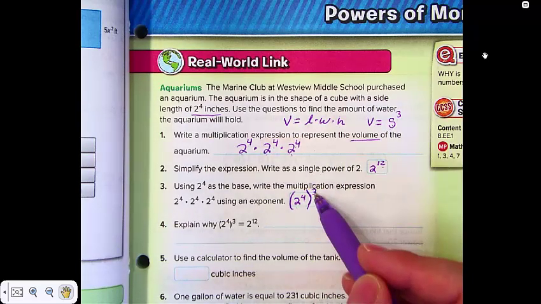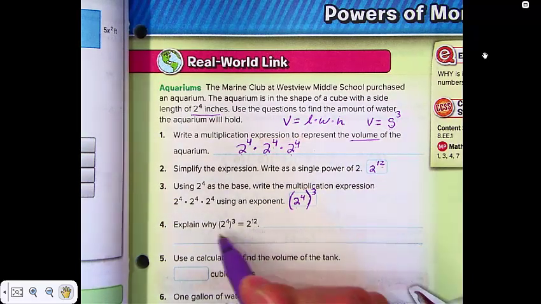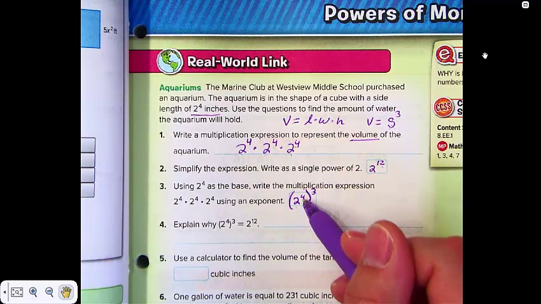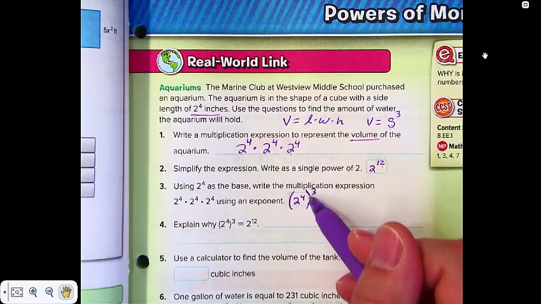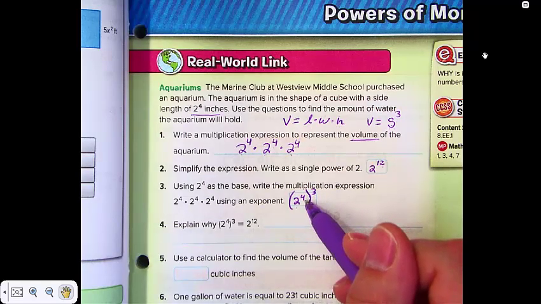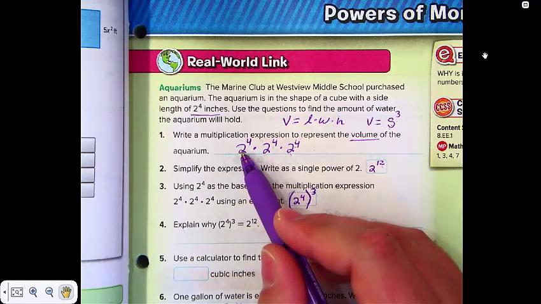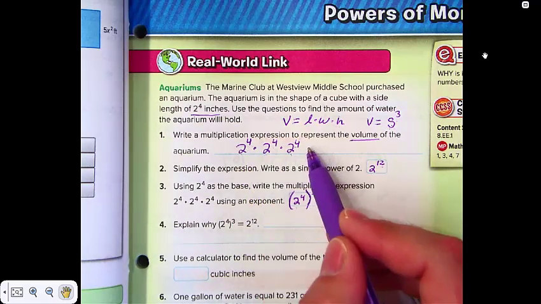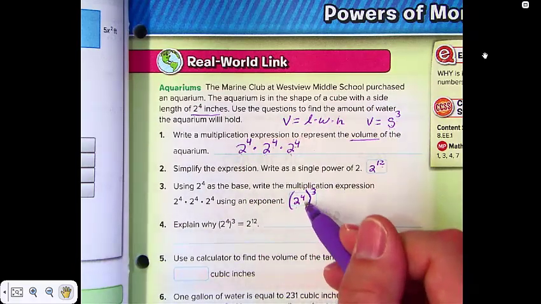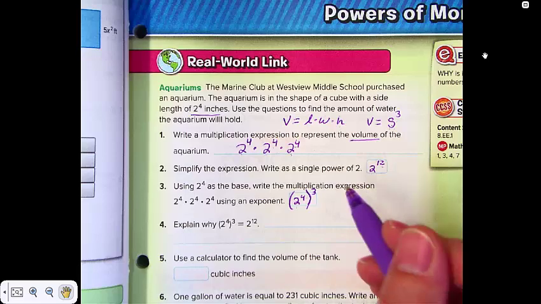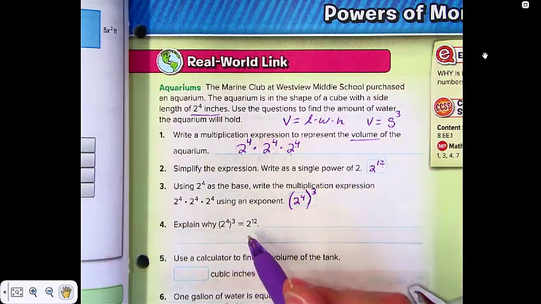These are the same because in this scenario, if you have a power raised to another power, you end up multiplying those numbers together. Okay, notice there's no base in between these. If you have bases in between, you add. If there's no base in between, you just have a power or an exponent to another exponent, a power to another power, depending on how you want to say that, you actually end up multiplying, which is what we have right there.